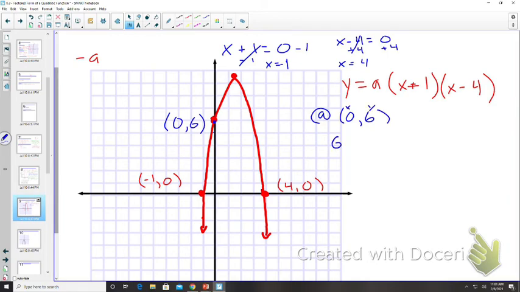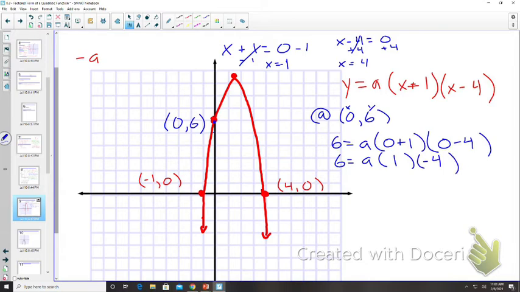So I'll have 6 is equal to a, 0 plus 1, 0 minus 4. 6 is equal to a, 1 times minus 4. 1 times -4 is -4. So a is equal to -3/2 or -1.5. Fractions or decimals? What do you guys prefer?